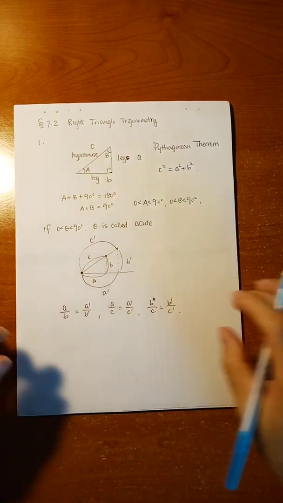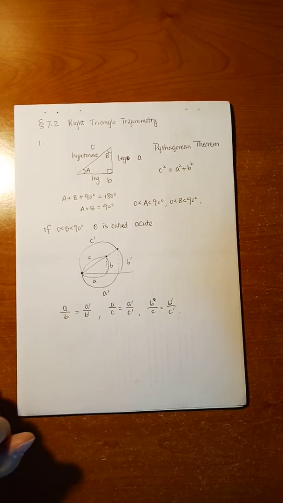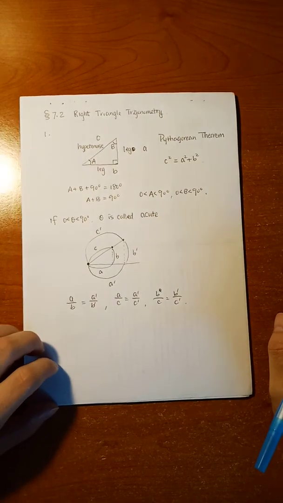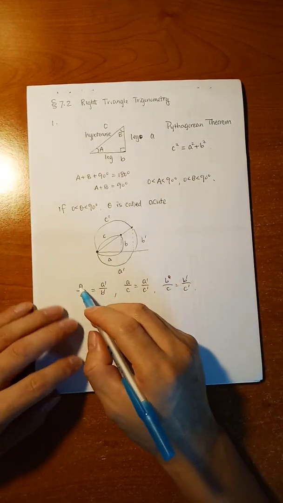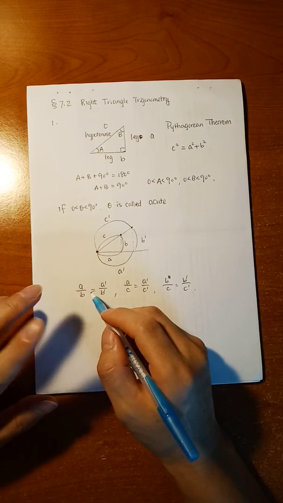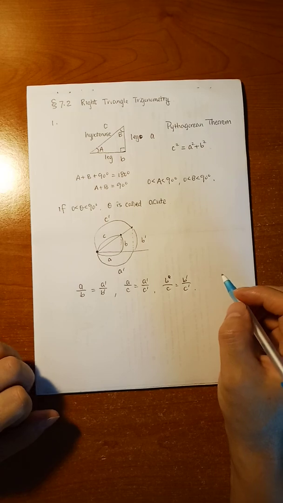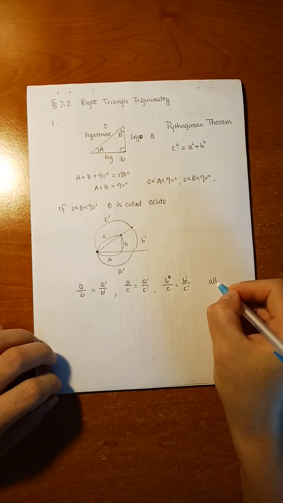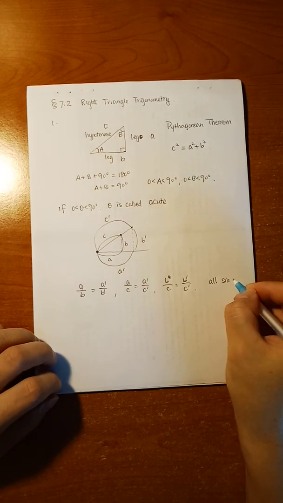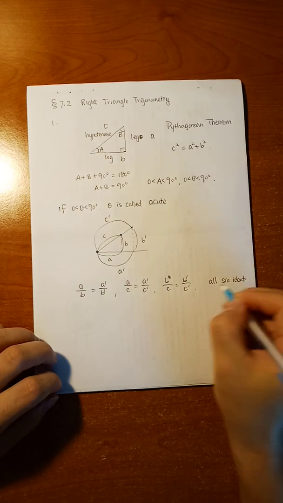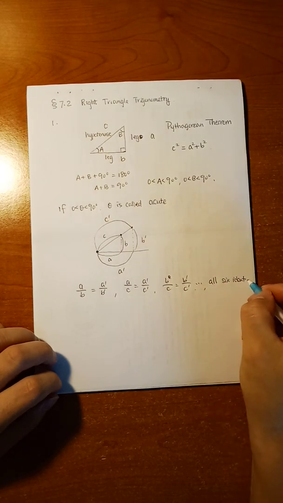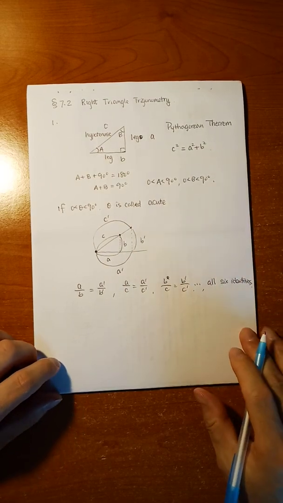Whichever way, you can form 6 possible identities, because you pick 2 sides and form this ratio. There are 6 identities.